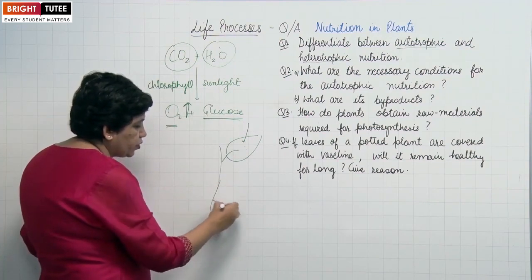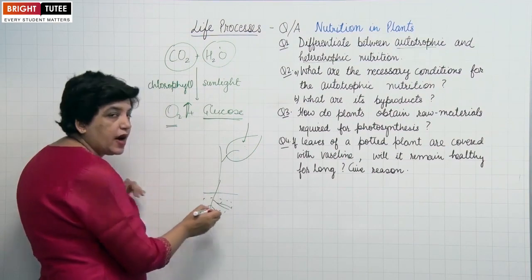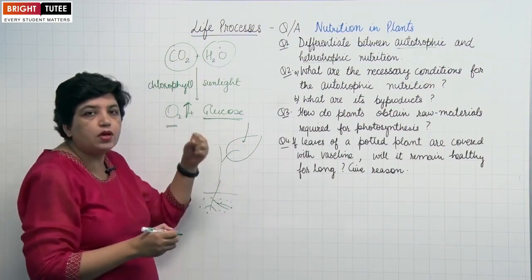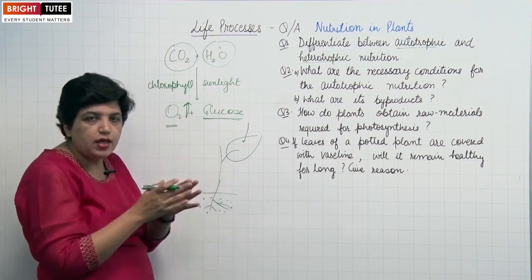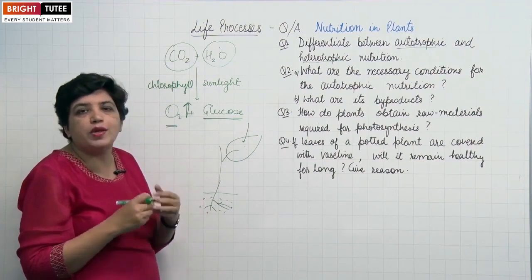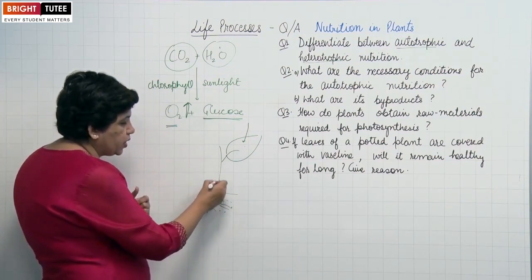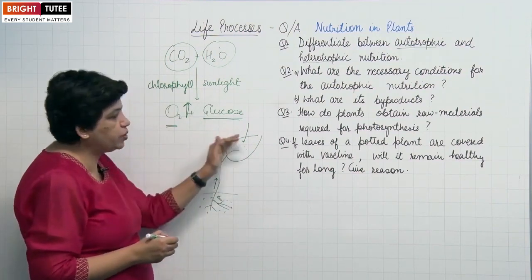Then there are tiny roots, and water molecules are present in the soil. So these root hairs absorb the water, which enters into the root hair through diffusion. This water also contains the soluble minerals. So water and minerals are absorbed from the root and they are transported through xylem tissue into the leaf.